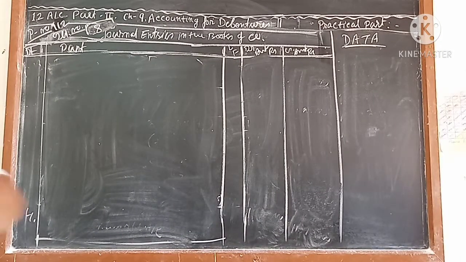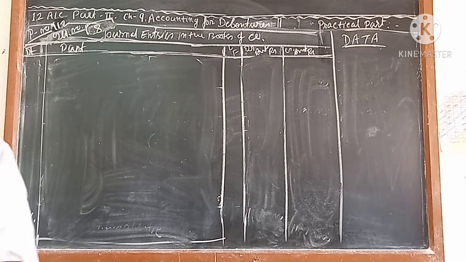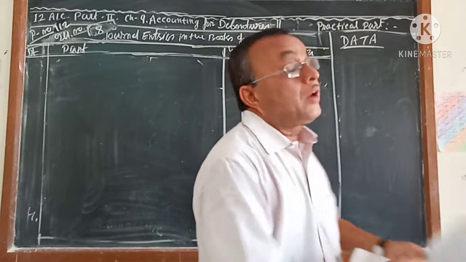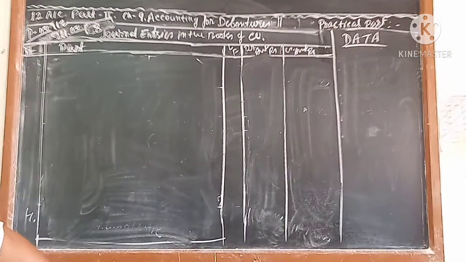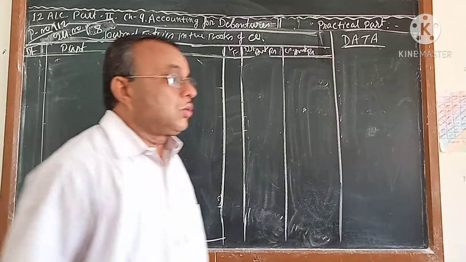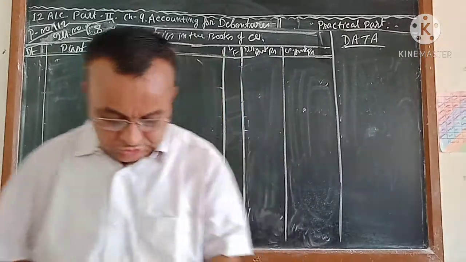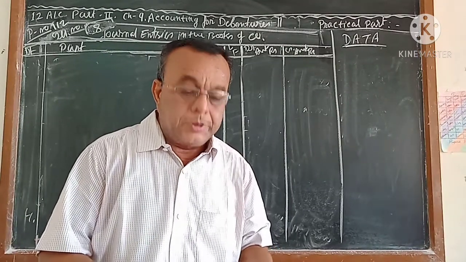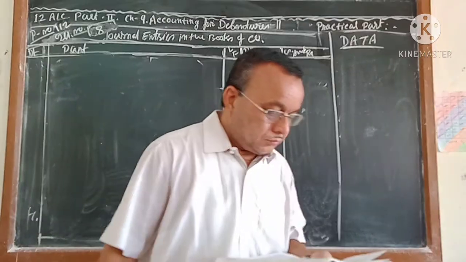Of the exercise questions given, question numbers 4, 5, 6 I have already told you. And 7 you will try to do at your home. If not possible, you will tell me. Let me do question number 8. Let me read the question as it is given, and after that I will explain how to solve it.